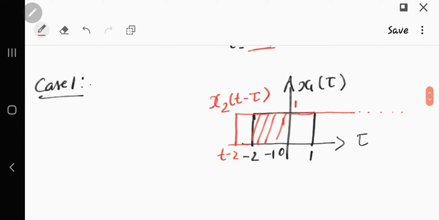The overlapping region is from minus 2 to plus 1.